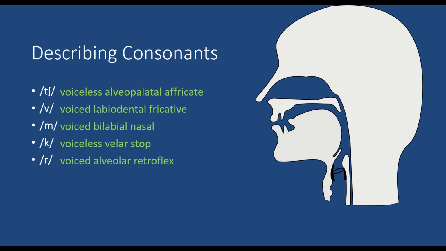Let's try one more. This is a glide, which means it's going to be voiced because glides don't have a voiced voiceless counterpart. So this is a voiced, and we know this as a bilabial glide. One more. This is a voiceless interdental fricative.